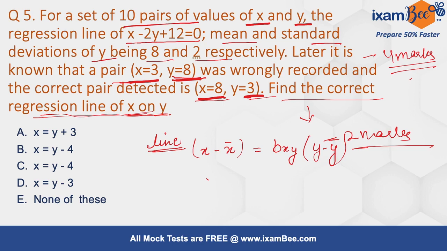First of all, we have to find the correct pair. So we have to find the corrected x bar, the corrected y bar, and the corrected regression coefficient. Once we know all these 3 values, we can easily rewrite the equation.